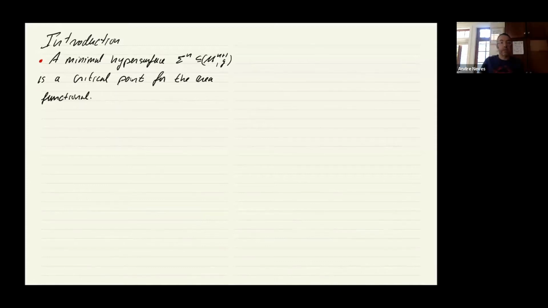So the most basic question one can ask regarding minimal hypersurfaces is whether they exist or not.